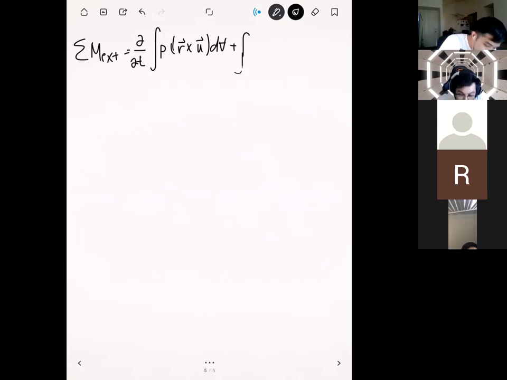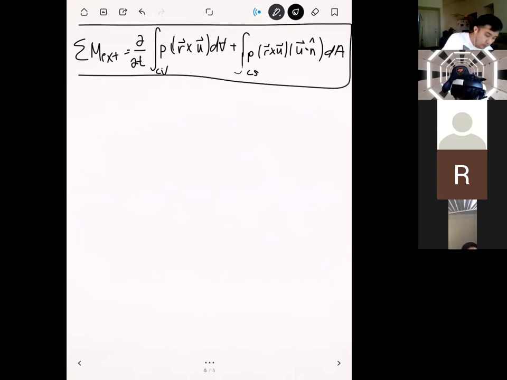And so we have integral of rho r cross u dot n dA. And this is over the control volume, and this is on the control surface. Okay. So this is kind of our full expression for conservation of angular momentum.